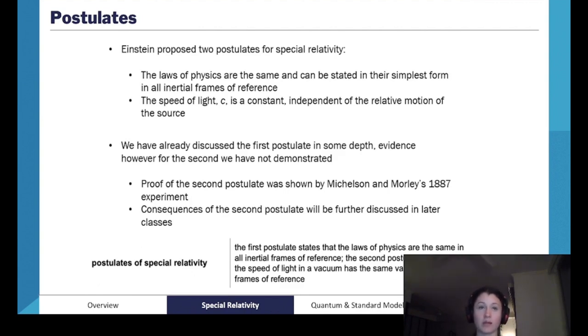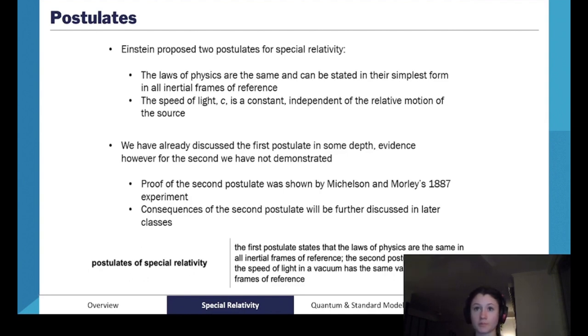Next, we're looking at the postulates. These are known as Einstein's two postulates, if you're ever asked for them in an exam. Einstein has two postulates for special relativity. The first one is that the laws of physics are the same and can be stated in their simplest form in all inertial frames of reference.